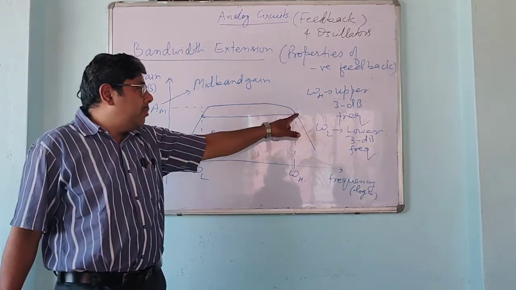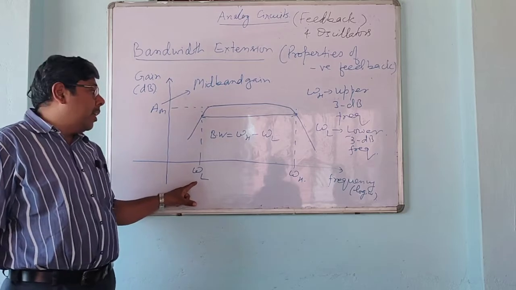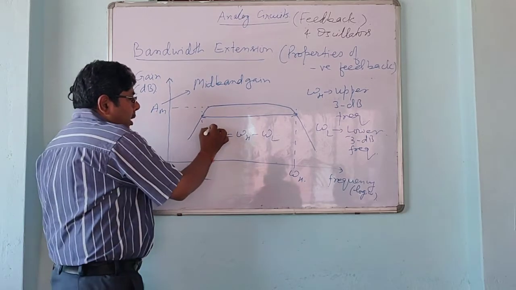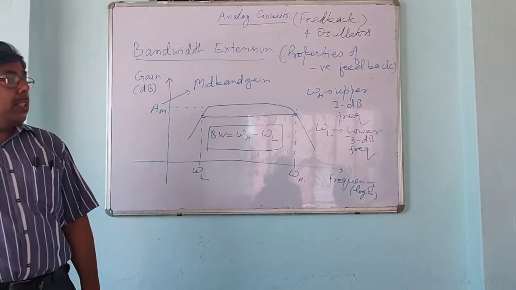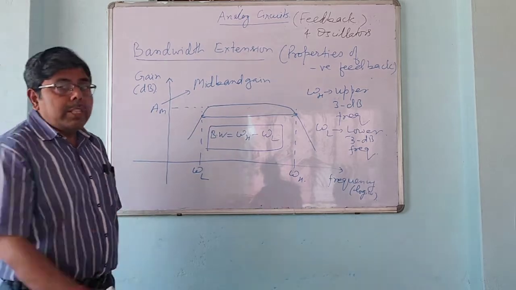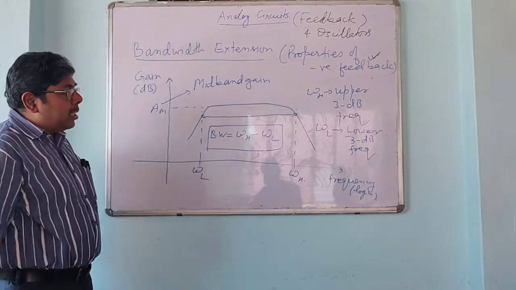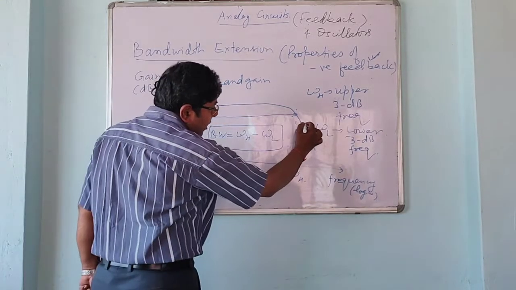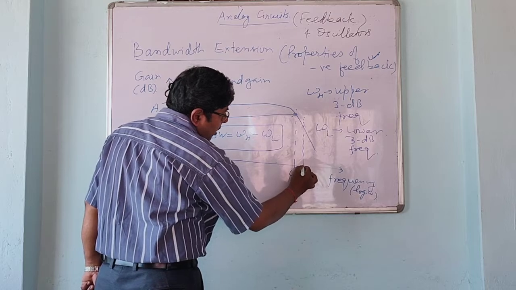If upper 3 dB frequency is omega h and lower 3 dB frequency is omega l, then this quantity bandwidth equals omega h minus omega l. By using feedback, when we are using feedback, then upper 3 dB frequency increases. Actually this shifts towards right.